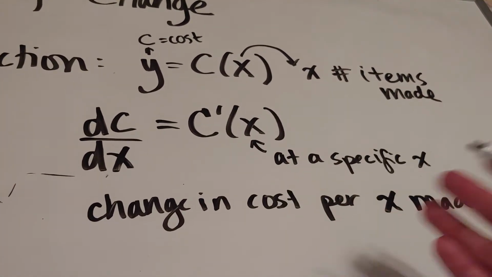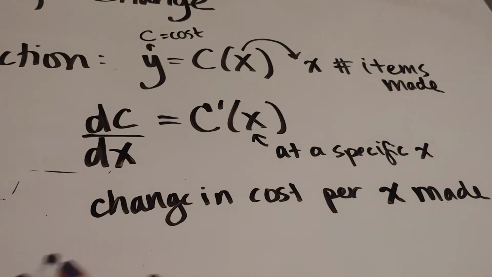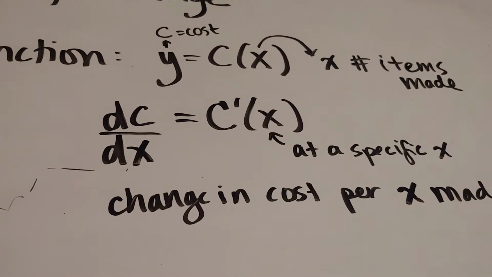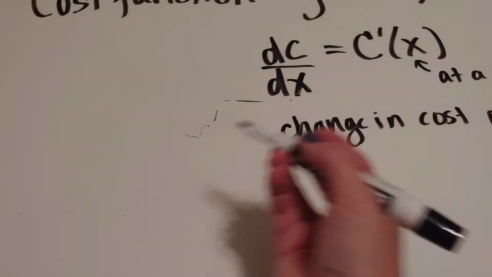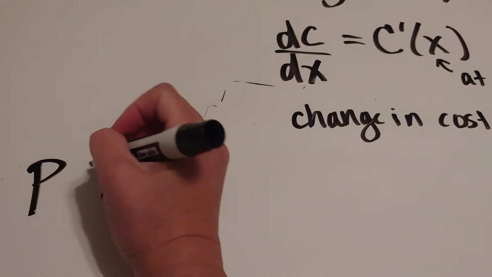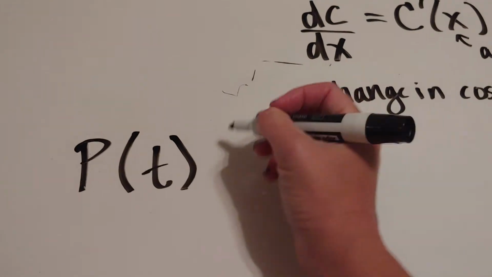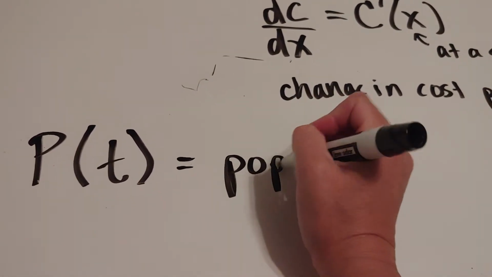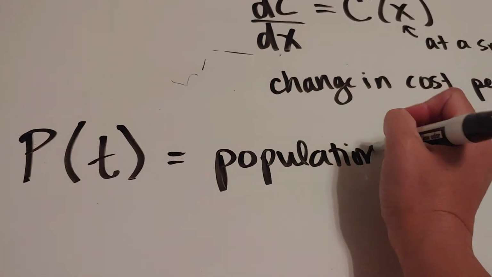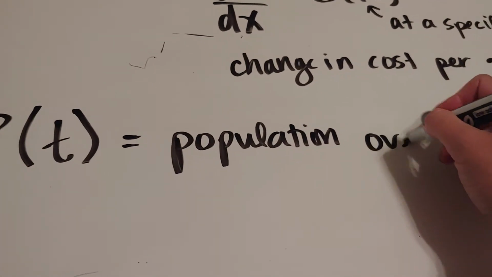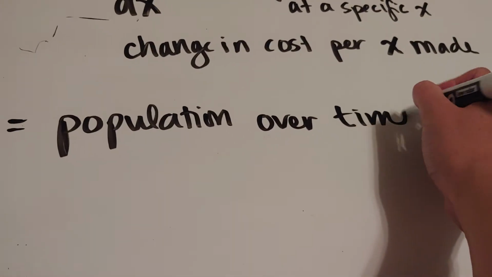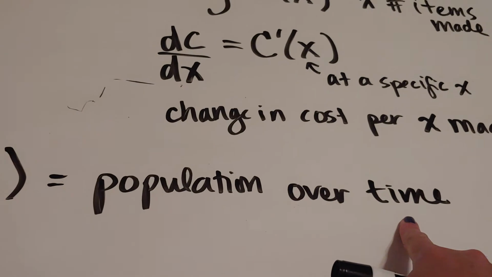It'll just depend. Okay, now just to practice this one more time, because it doesn't have to be a cost function, it could be anything. It could be population. So if we had a function P of t, where this is going to give me population over time, and of course we need to know the parameters: is the time in years? It probably is.